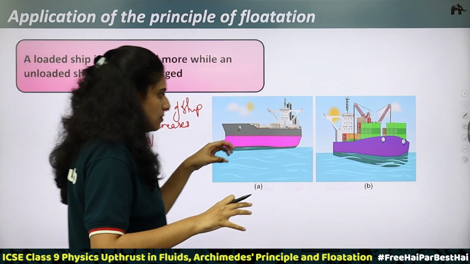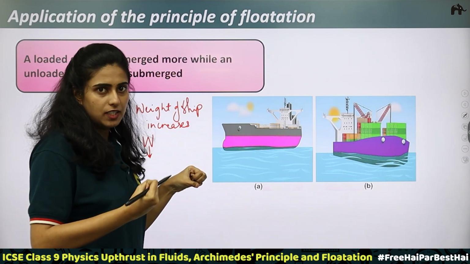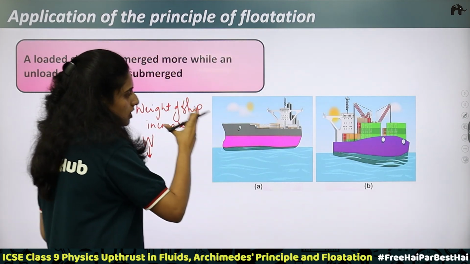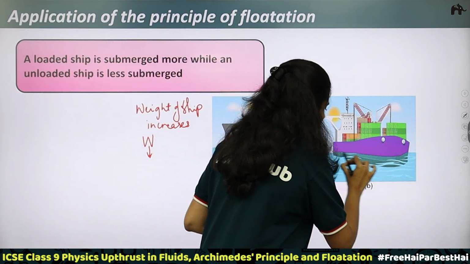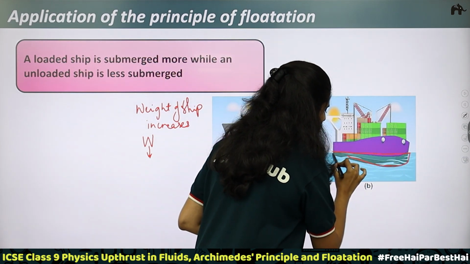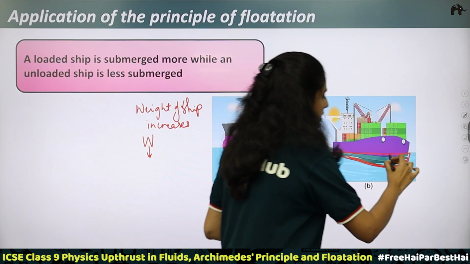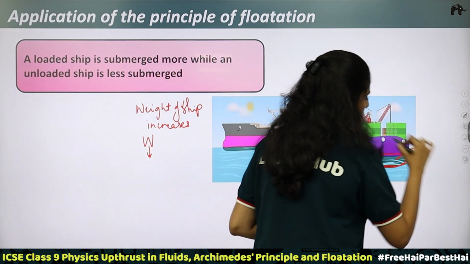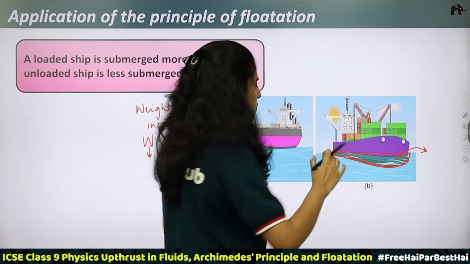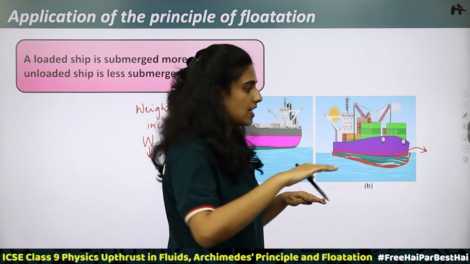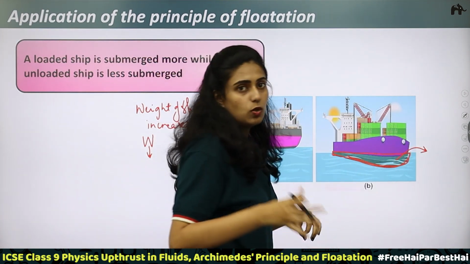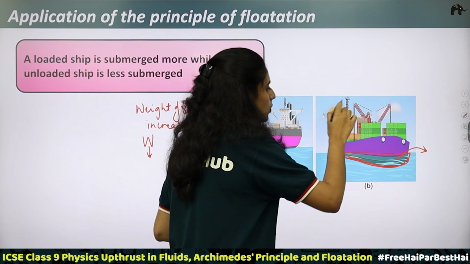So when weight becomes greater, the downward pull is becoming greater, so the portion of the body that is submerged will be higher. So this much portion is inside the liquid, which means this much weight of water will be displaced. It will be in such a balance that the weight of liquid displaced is equal to the weight of the ship with the cargoes.